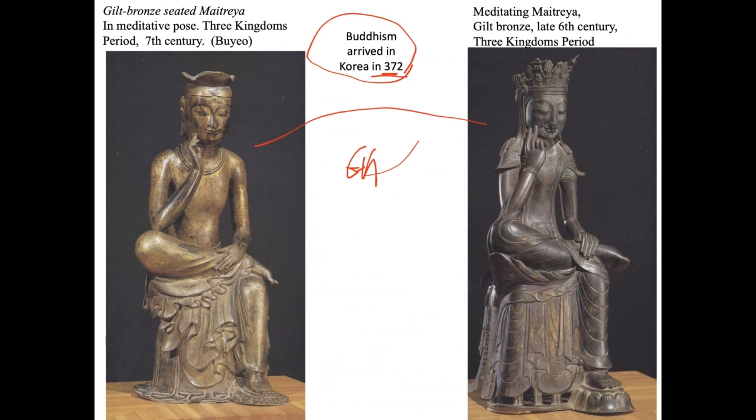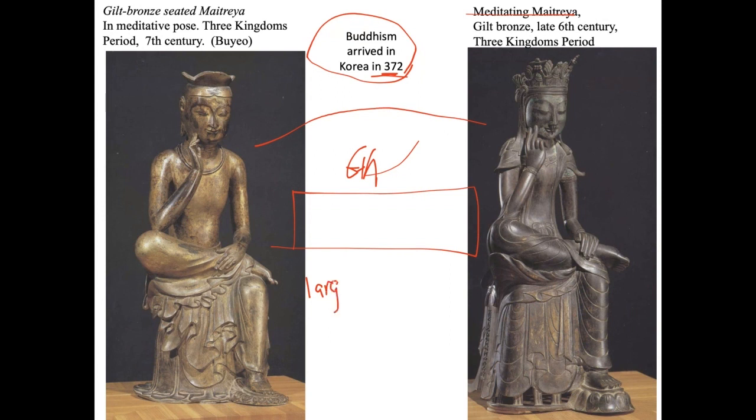Once it was grounded or well established in 3 kingdoms, they are going to make a rapid development. And these 2 examples of meditative Maitreya are great examples of large-scale Buddhist statues.